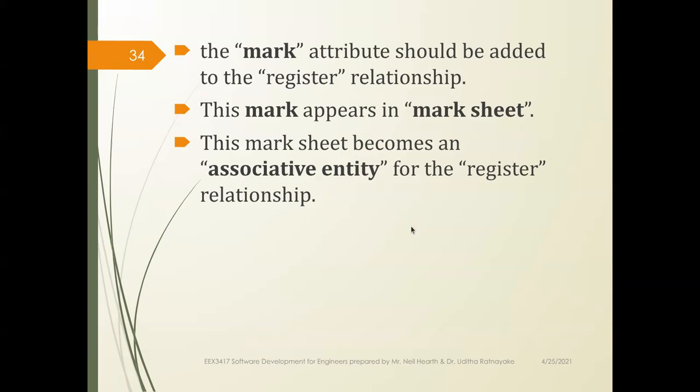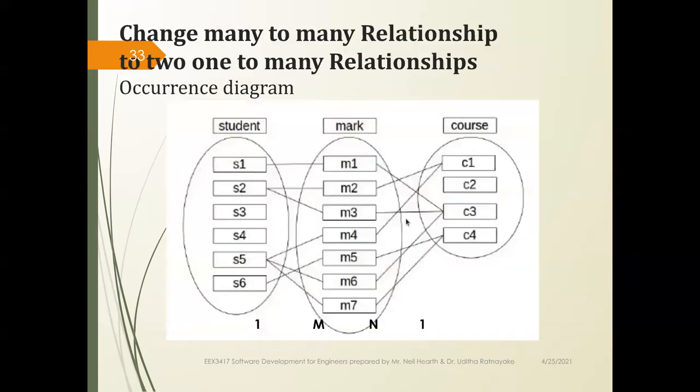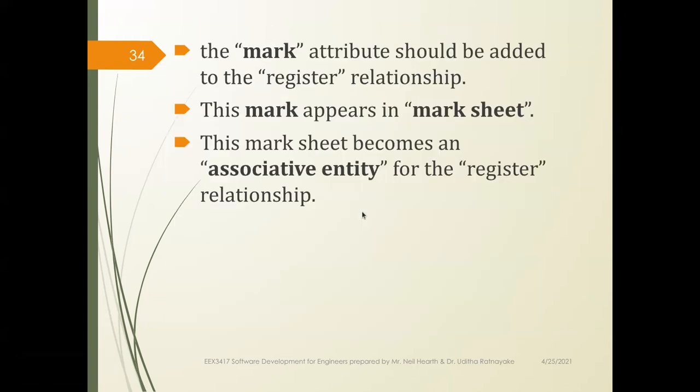The mark attribute should be added to the register relationship. This mark appears in the mark sheet. This mark sheet becomes an associative entity for the register relationship. Now, here we put the mark in another table. So this relationship becomes one to many and one to many here.